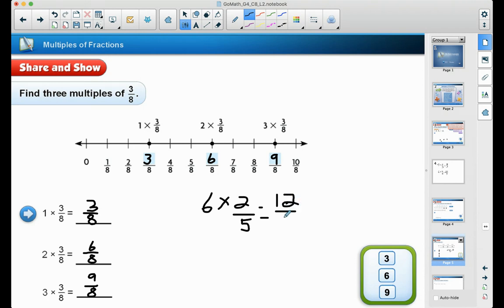And the denominator stays the same. You also learned how to find multiples of a fraction. So as I said, when you have multiples of a fraction, just count by that numerator. So let's see, what are the multiples of 4/5?